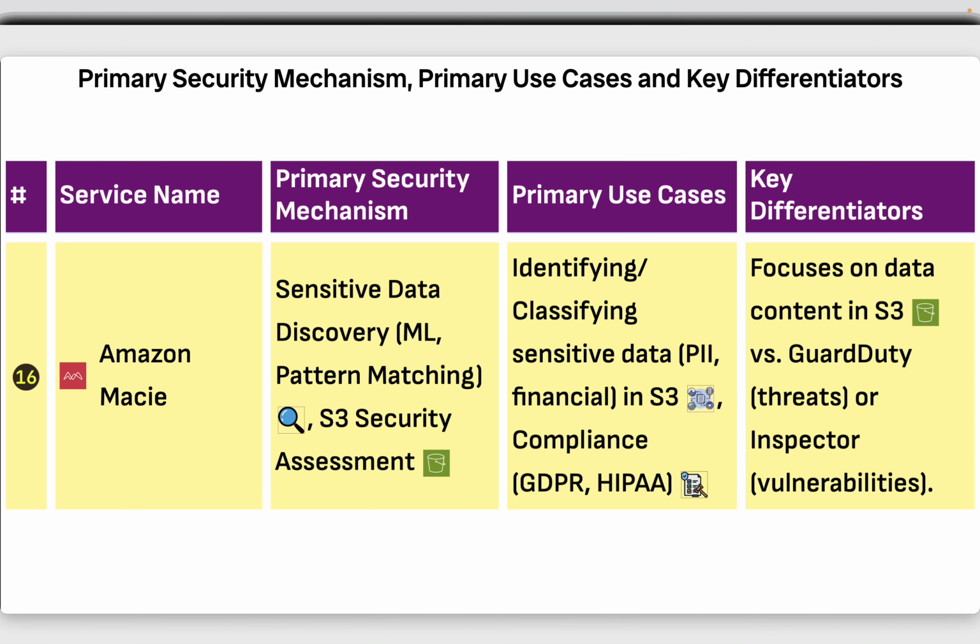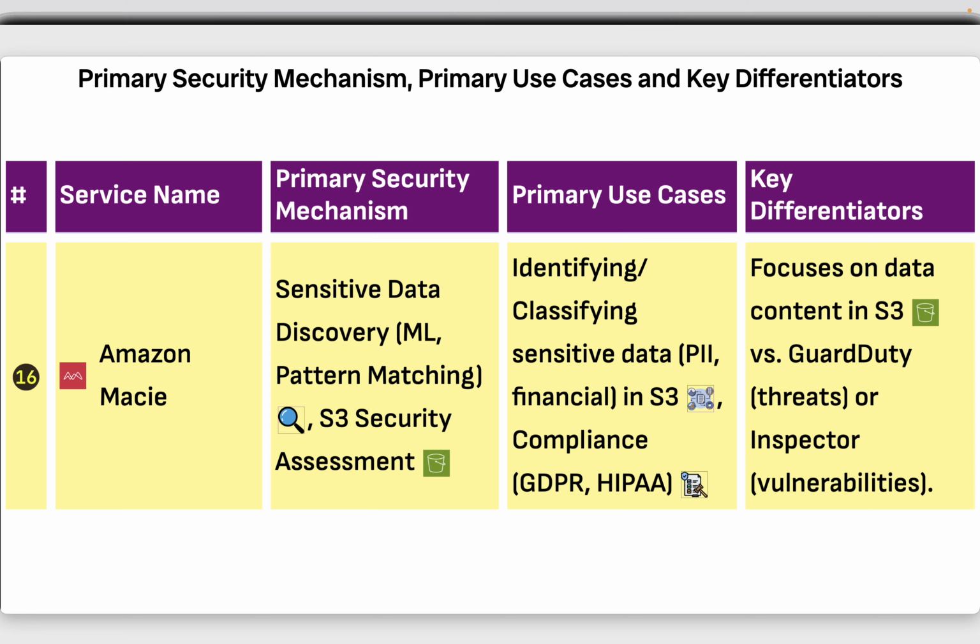Next, Amazon Macie. Primary security mechanism is sensitive data discovery through machine learning and pattern matching. S3 security assessment. Primary use cases are identifying and classifying sensitive data like PII, which is personally identifiable information, and financial information within S3.